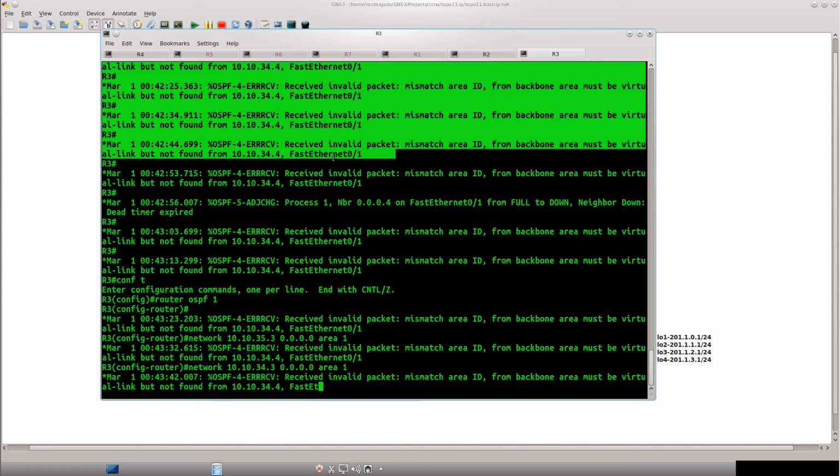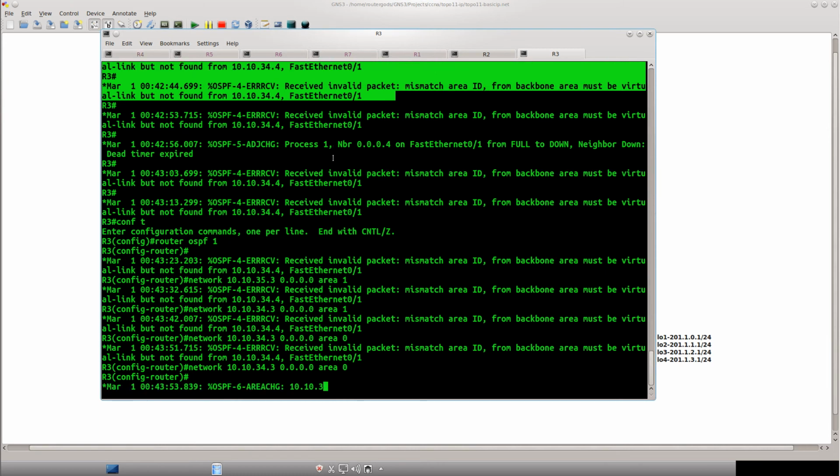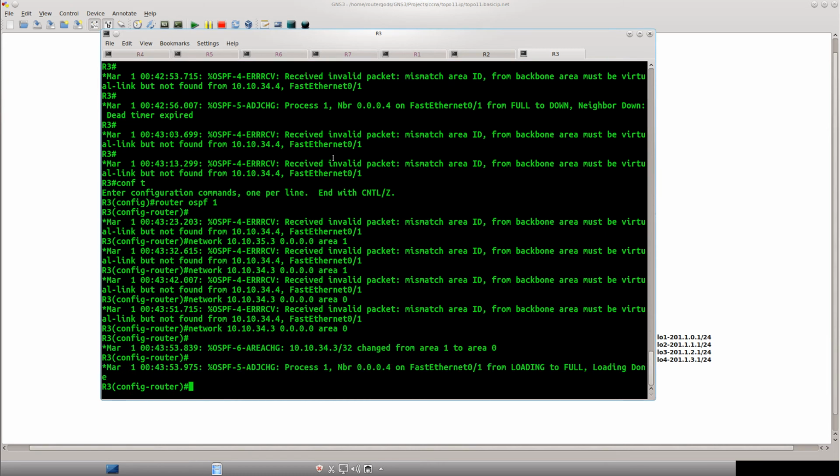Right? So it's area 1, just hit the backspace, change the 1 to a 0. And now you're going to hit the up arrow again until you find 10.10.35. Change the 1 to a 0.